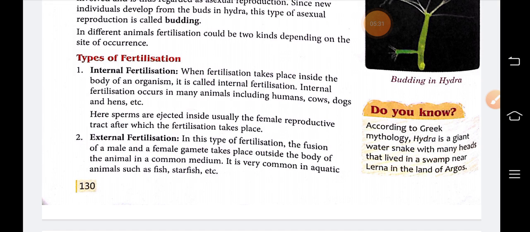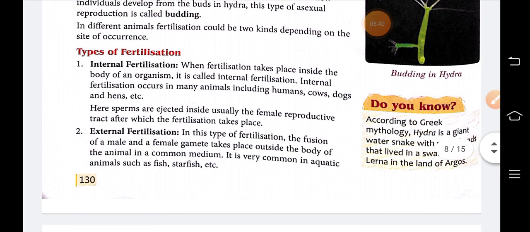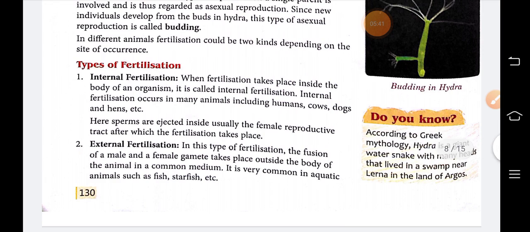Internal fertilization is when the fertilization takes place inside the body of an organism, mainly inside the female body.